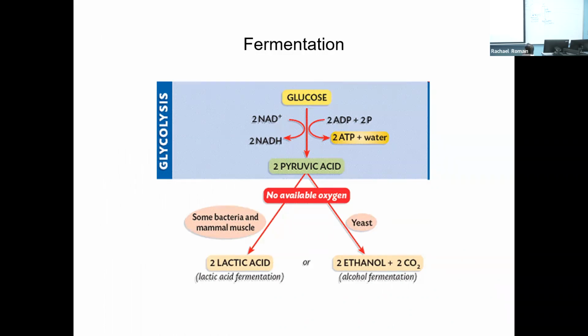Mammalian muscle can also go under a fermentation process when we run out of oxygen. For example, with marathon runners, you run out of oxygen in your muscle, it switches to a fermentation process and produces acid. Runners get cramps in their legs and muscles because they don't do respiration in that situation when they've run out of oxygen in the muscle. Okay?